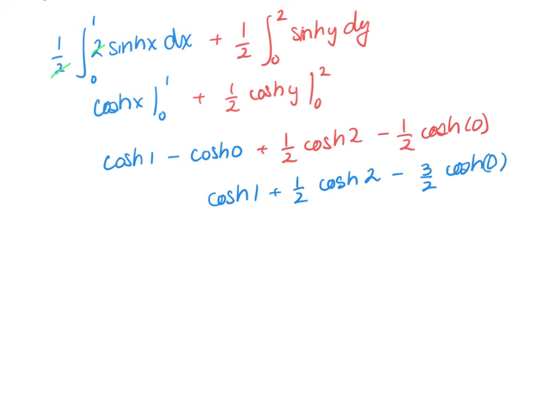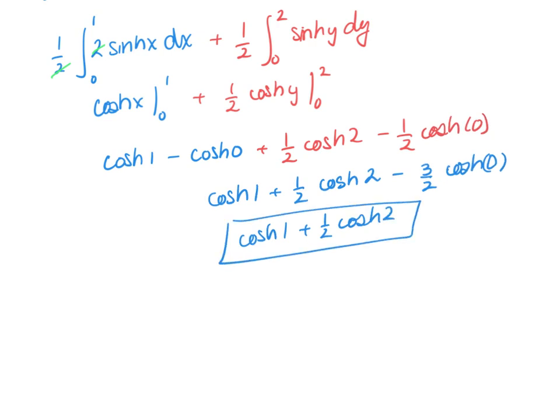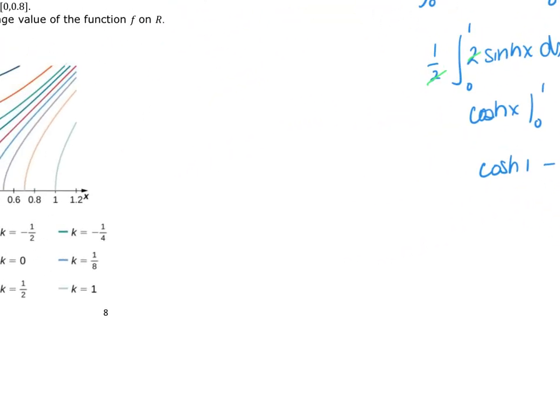The hyperbolic cosine of 0 happens to be 1, so I have the hyperbolic cosine of 1 plus 1/2 the hyperbolic cosine of 2, and that is my final answer. Now let's take a look at my very last example here, wherever that went to.